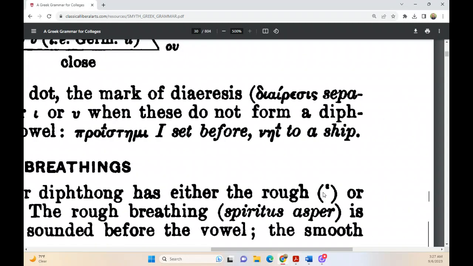You can see this is a C-shaped apostrophe symbol, shaped like a C with the points of the C pointing towards the right. That's the symbol of rough breathing in Greek. So if you see that symbol above a vowel at the beginning of the word, it shows you that you need to add rough breathing before the sound of the vowel.